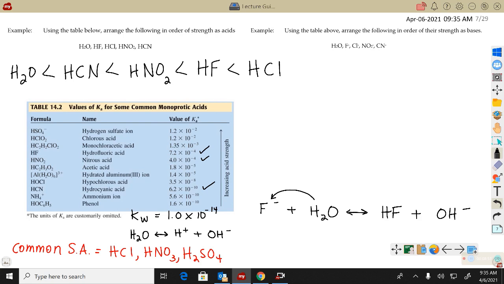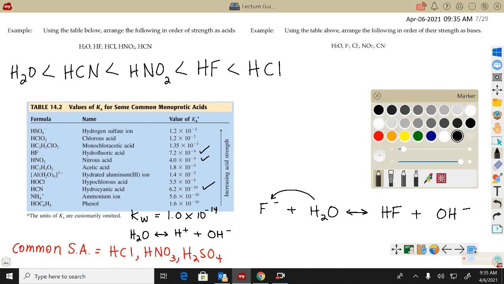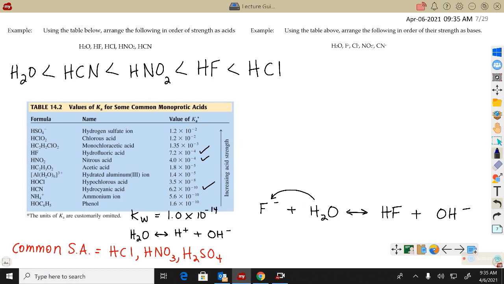There is this cute little equation that we can use: Kw equals Ka times Kb. And so you could actually solve for all the Kb's if you wanted to. And then the higher the Kb, the more likely it is to act like a base.